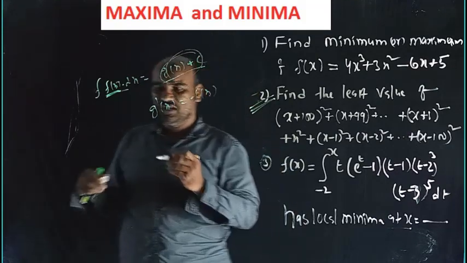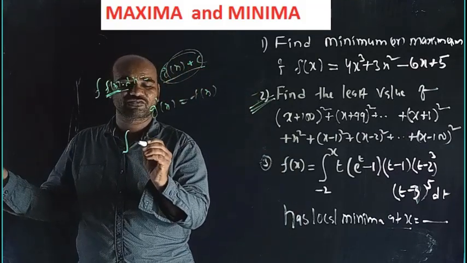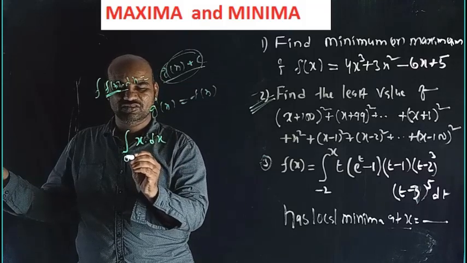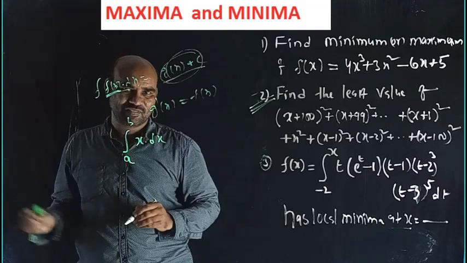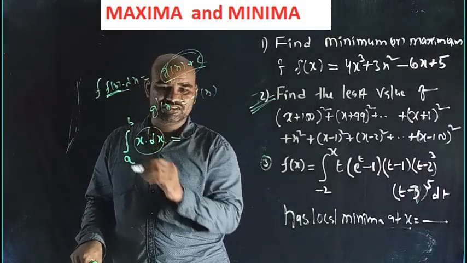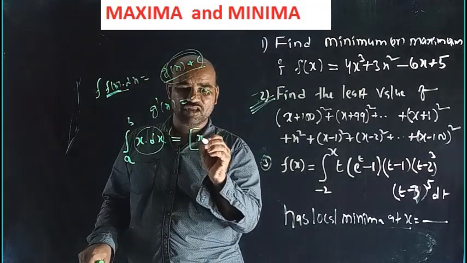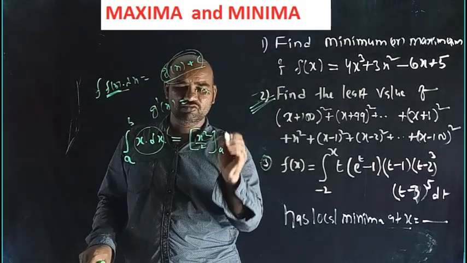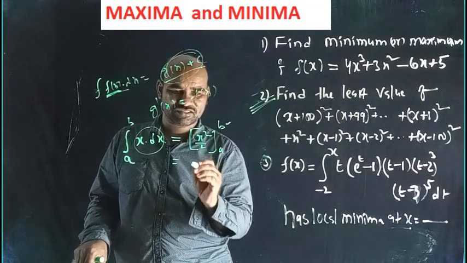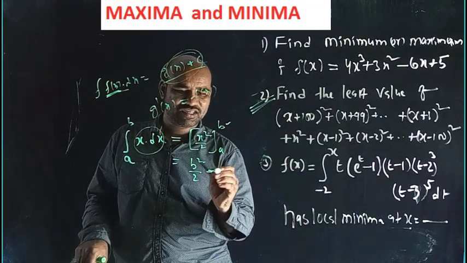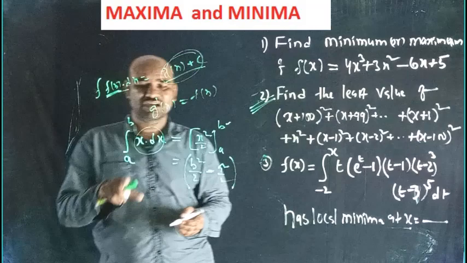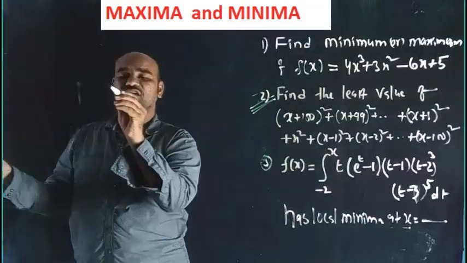Next, the integral of x dx with the boundaries a to b. How to find it? First of all, find the integration of the inner function, that is x square by 2. Now we want to apply boundaries. First of all, write the upper boundary instead of x: b square by 2 minus a square by 2. So this is the value of the integral of x dx from a to b.